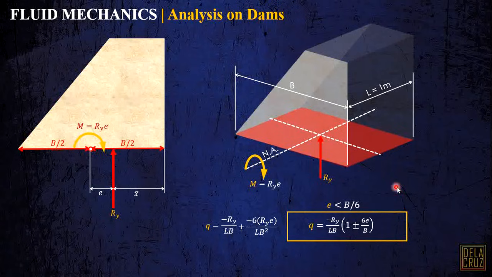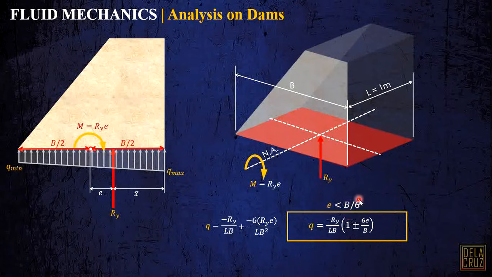Okay, bakit may limitation ito? Okay, so ganito kasi yan. If this is the case, lesser yung E natin sa B over 6, then we have a trapezoidal pressure diagram dito sa baba. Ito yung Q minimum, ito yung Q maximum. Now, look at this one. Okay, look at the transitions. Ito yung E, ito yung bar X. If this one, the pressure diagram natin dito will be ganito.